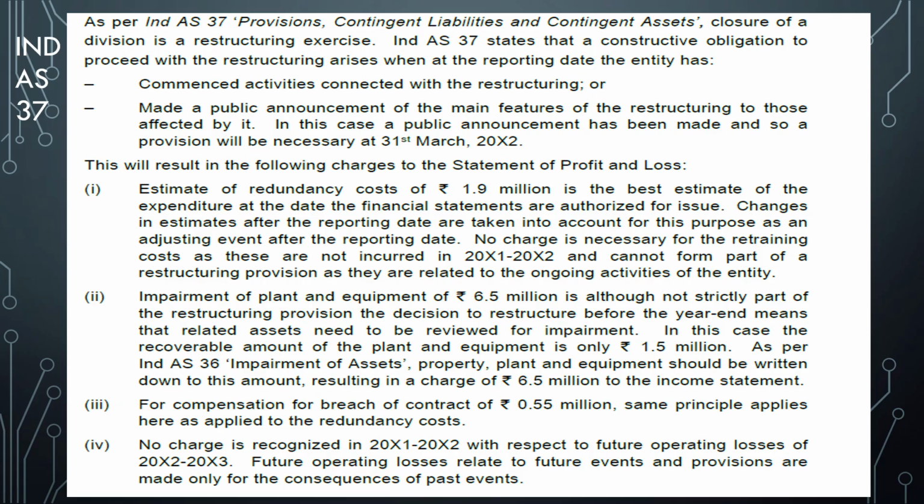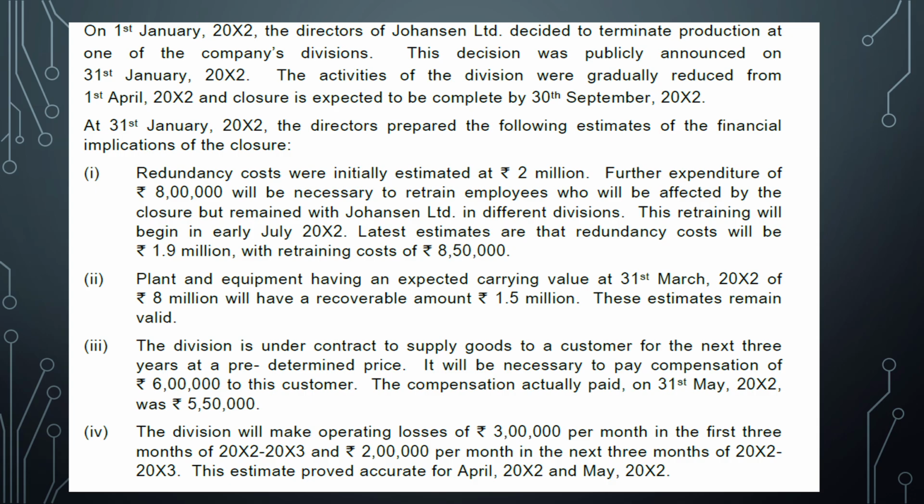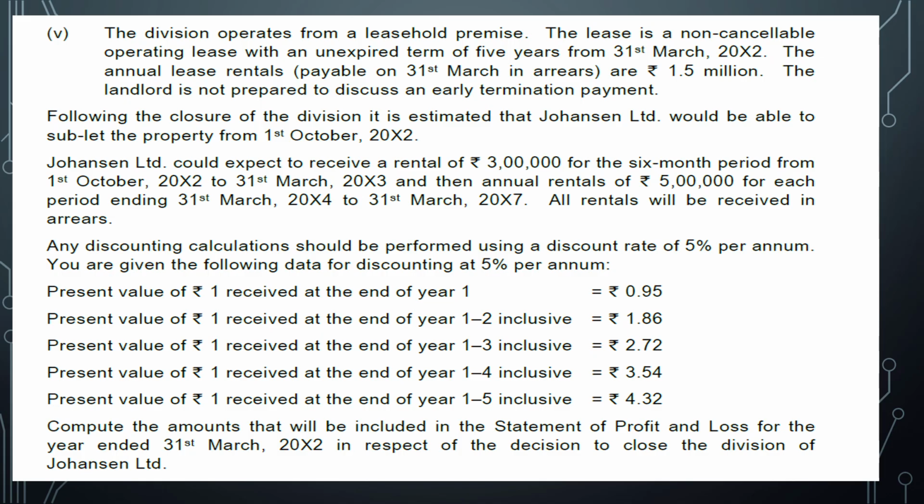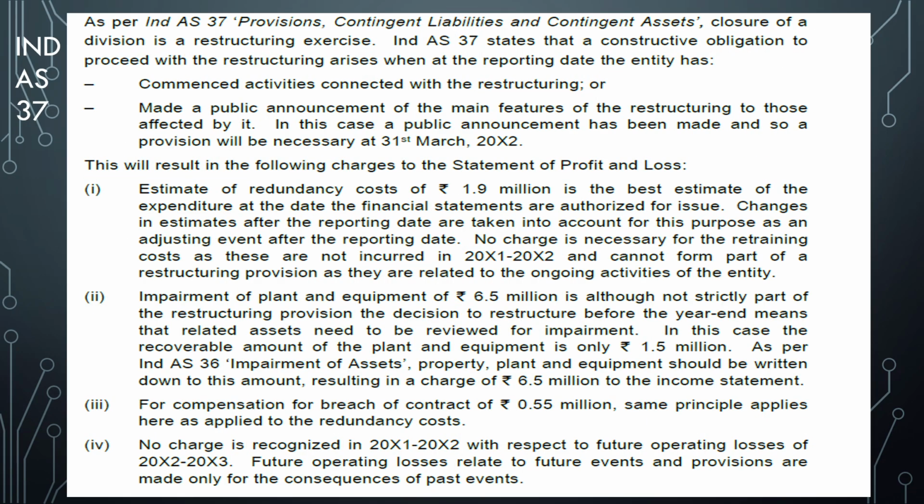Then the compensation for the breach of contract, the 5.5 lakhs: the division is under contract, so it will be necessary to pay compensation. The compensation actually paid was 5.5 lakhs. The same principles we saw for the redundancy cost apply, so it will be charged to P&L as well. And no charge is recognized in 21-22 with respect to the future operating losses because it relates to future events, and provisions are made only for the consequences of past events and not for future events.